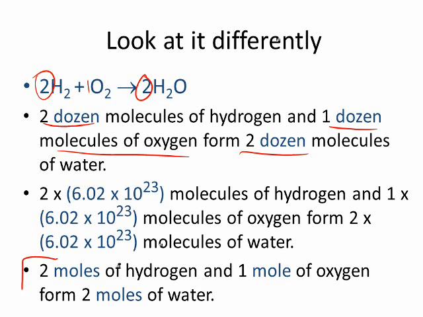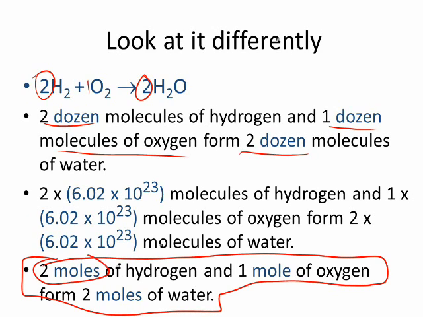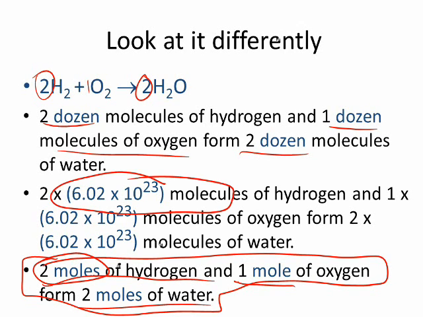Usually in chemistry, we don't look at individual atoms, we look at moles, because individual atoms are just too small to deal with. So we're going to look at moles. 2 moles of hydrogen plus 1 mole of oxygen form 2 moles of water. Moles are big. They represent a lot of molecules, so that's something we can handle.